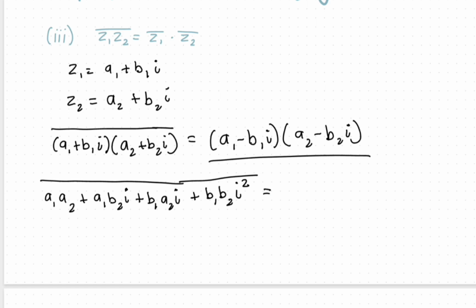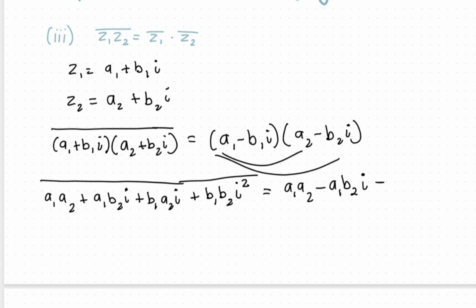Let's expand our right-hand side. That's A1A2 minus A1B2I, next we have minus B1A2I plus B1B2I squared.